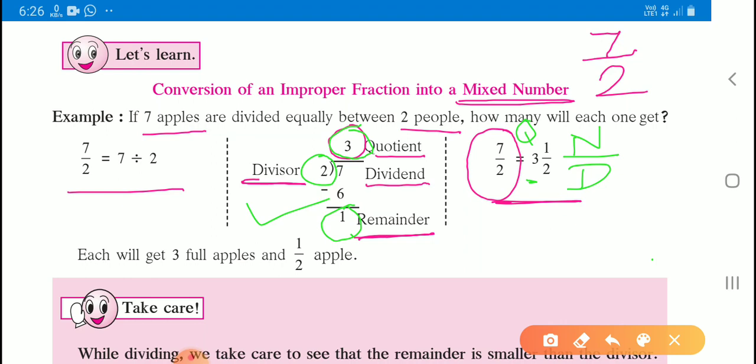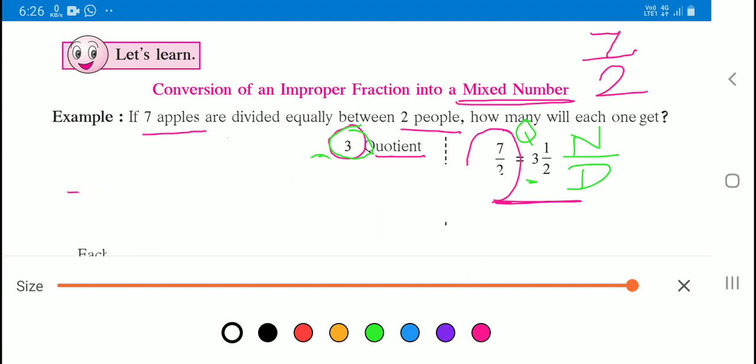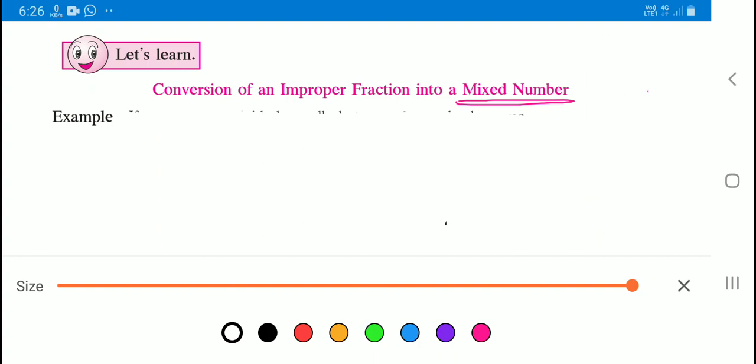Now we will take another number to see how to convert the improper fraction into mixed number. So here first of all I will make place for solving the example, and in the same way we'll convert improper fractions into mixed numbers. I'll tell you how to convert this. We'll take examples.